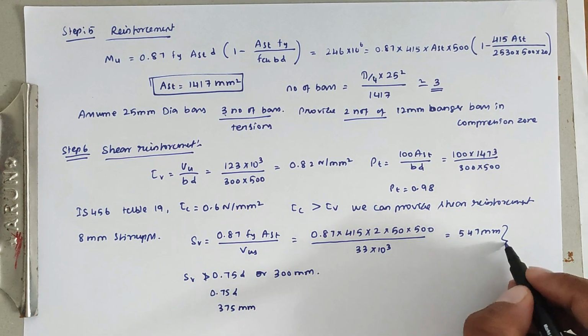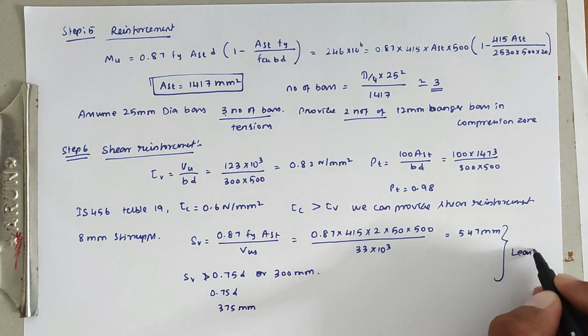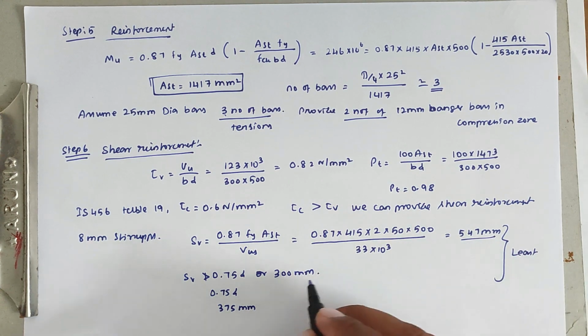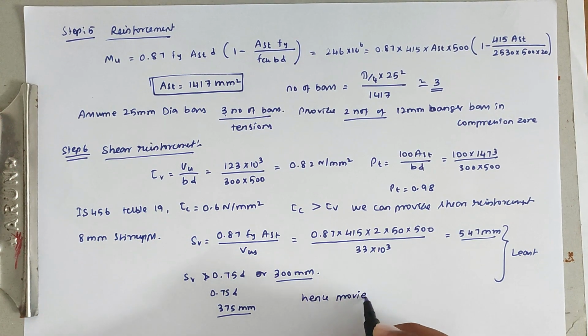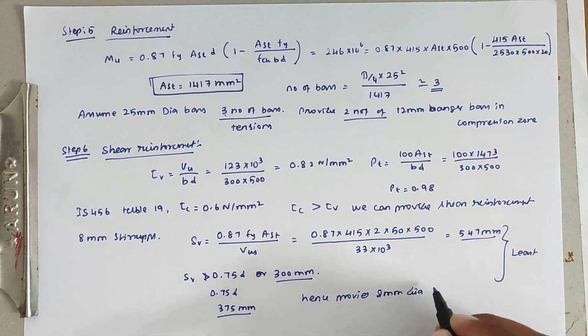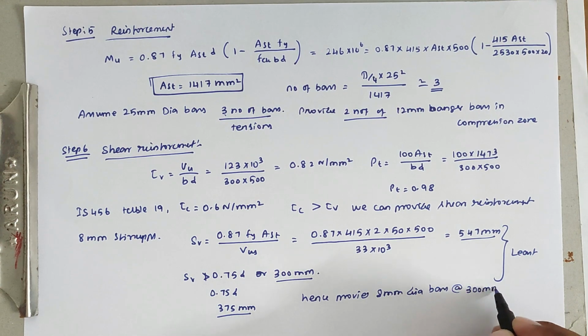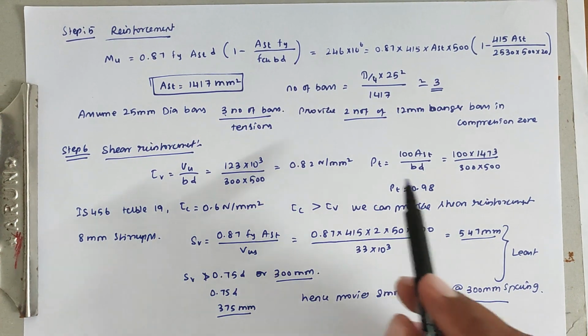Now we take the least of 3, that is 547, 300, and 375. So we provide 300 mm. Hence provide 8 mm dia bars at 300 mm spacing. This is the final answer.